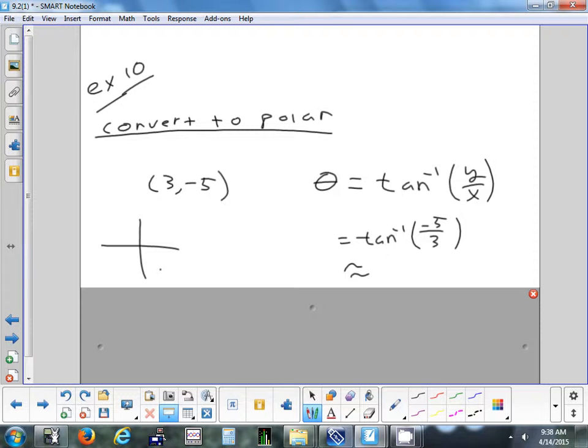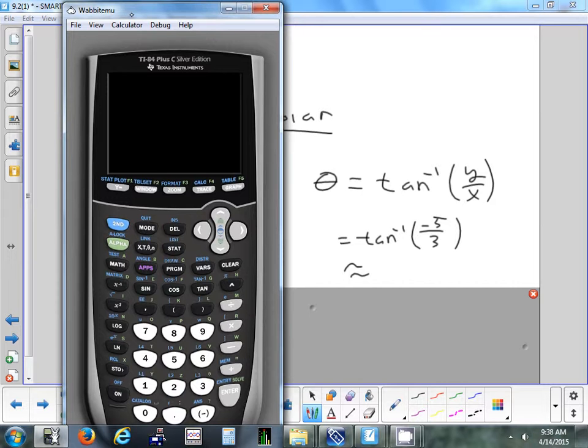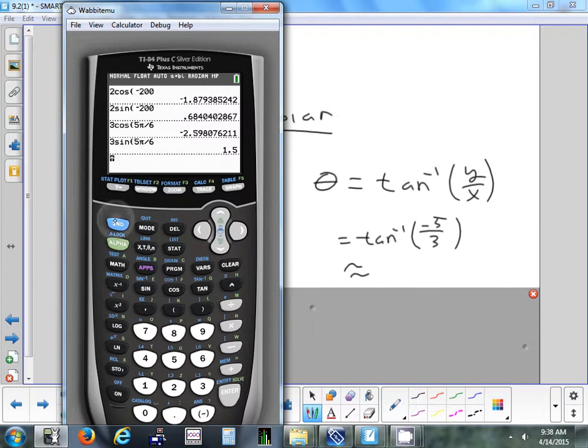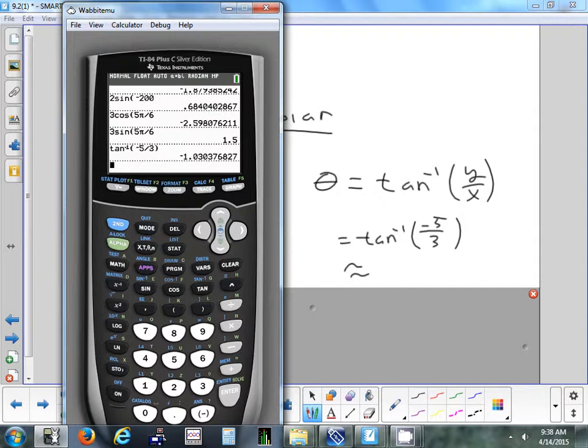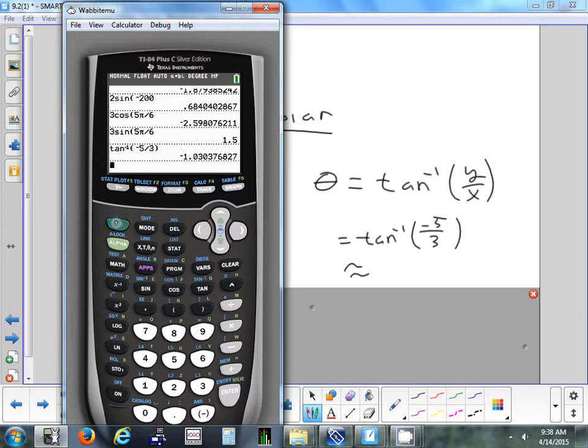Whatever angle we get, we'll just round to 2 decimal places. If we want to do it in radians, we could. I'm going to do it in degrees. So we get negative 59.04 degrees.